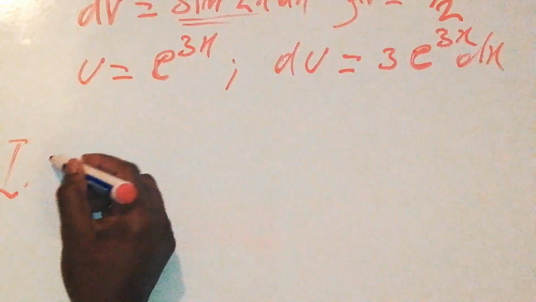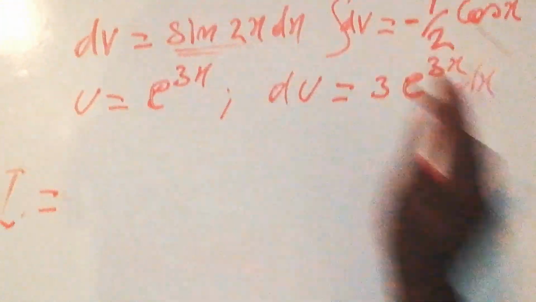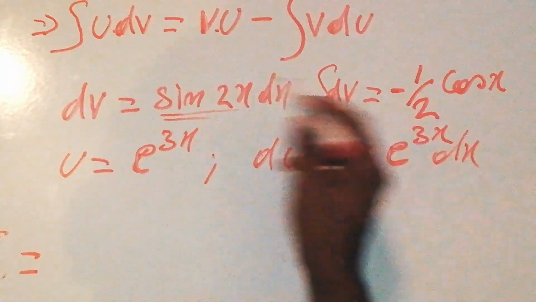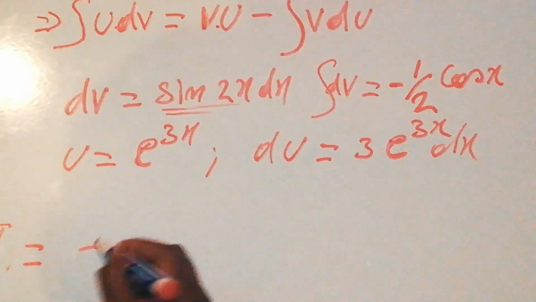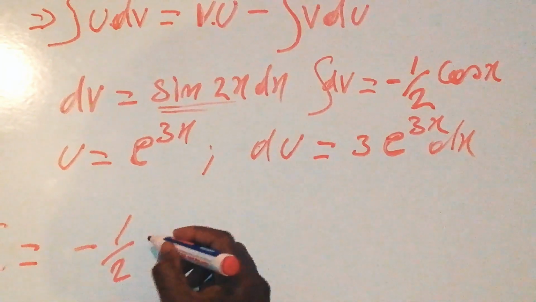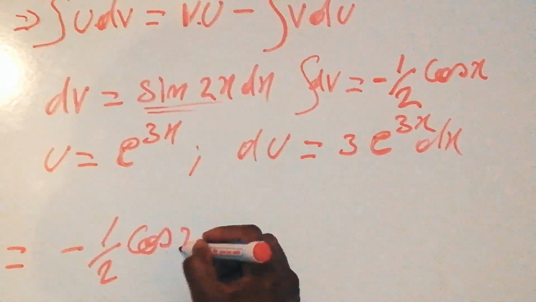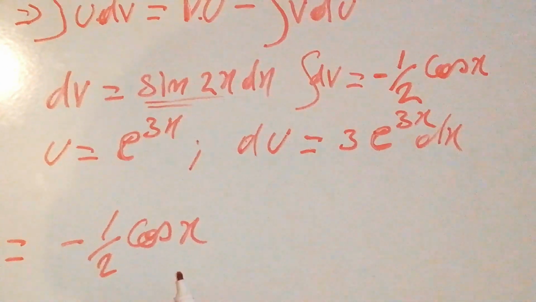So my integral is equal to vu. Where is v? V is minus 1 over 2 cos 2x. Where is u?